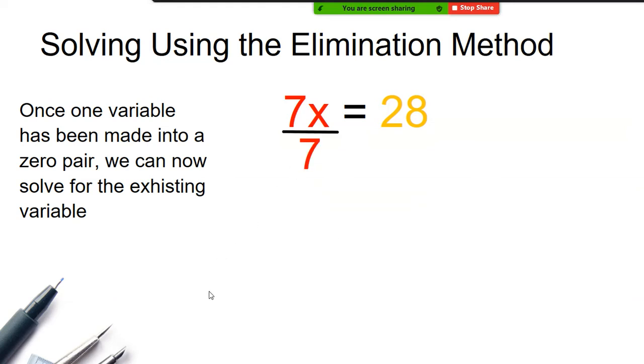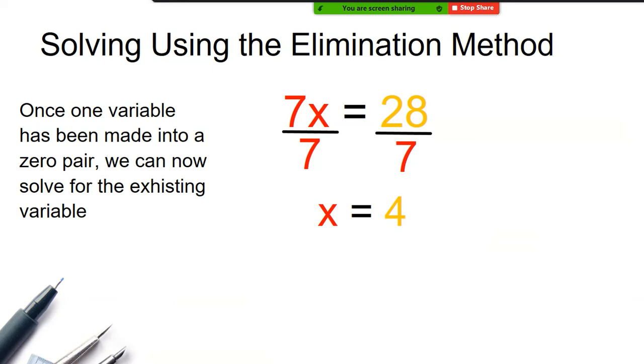Well, that's going to be divide by 7. Now, what I do to one side, I need to do to the other side. And so I'm going to say, okay, 7 divided by 7 is 1. 28 divided by 7 is 4. My first variable is x equal to 4.